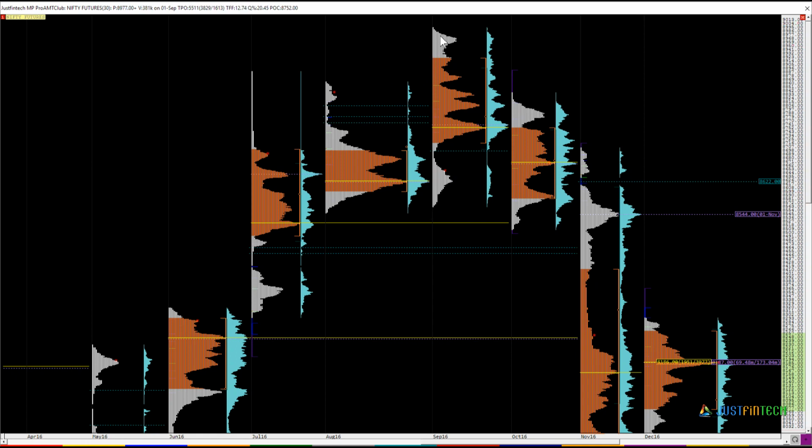Though this is a monthly profile, you have one balance, then again a nice balance here, the second balance, then a nice balance here with a bit of anomaly, so a third balance, and again a fourth minor balance, fifth minor balance, and sixth minor balance. So there are like six balances within that month.